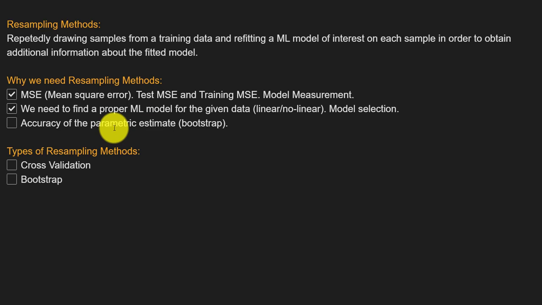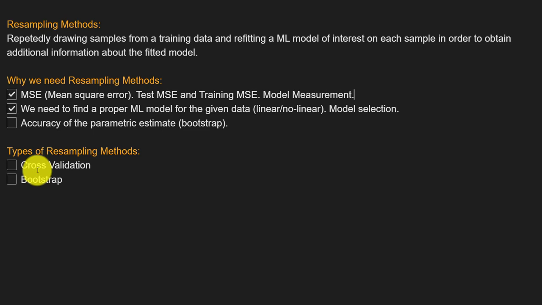And bootstrap basically helps us get a fair idea about the accuracy of the parametric estimate. Like we talked about bagging and boosting algorithms, where we will be using more than one decision tree to fit a particular problem. We will see that in future videos as well. So we will mainly talk about cross validation in this video.